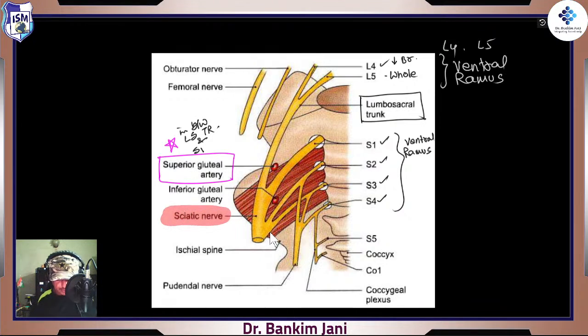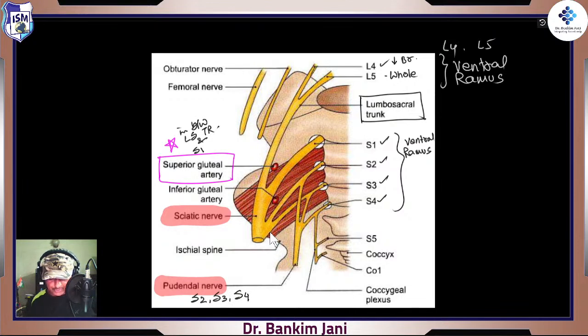But see, these are sciatic and the pudendal, these two. Why we were telling about S4: for pudendal, it is S2, S3, S4. Now you got the meaning why since long we were telling, remember S2, S3, S4.